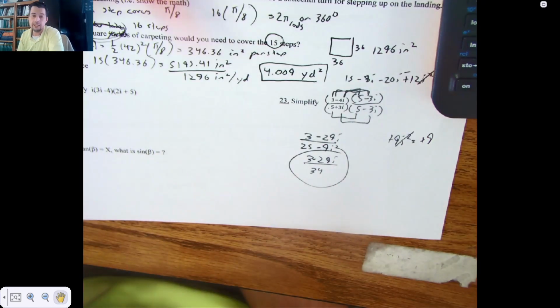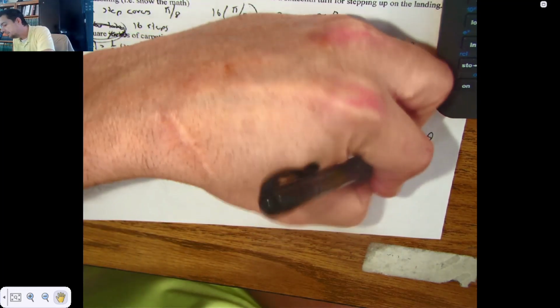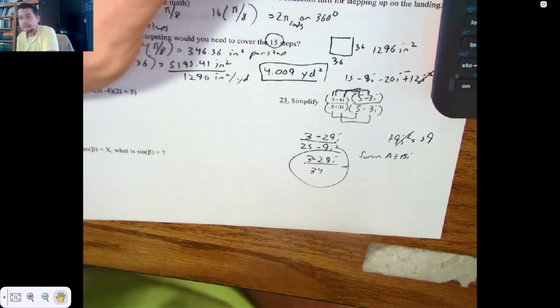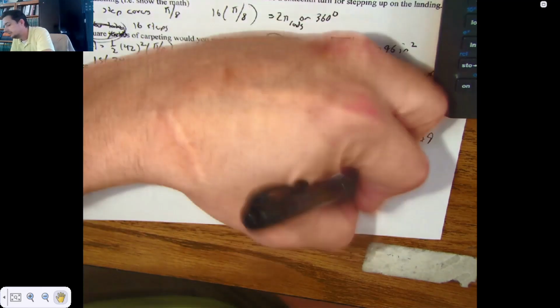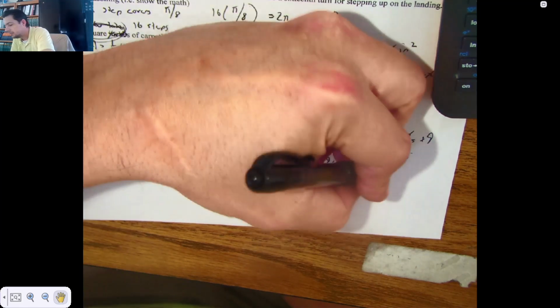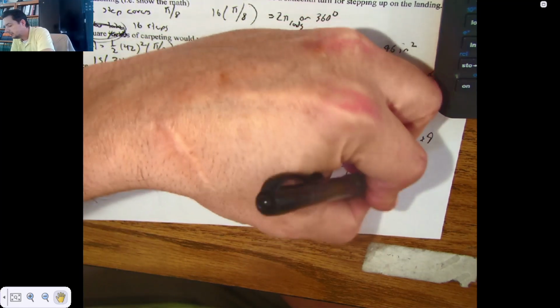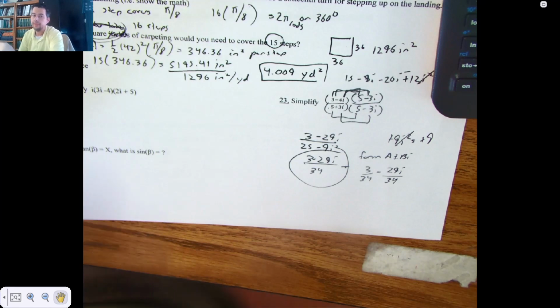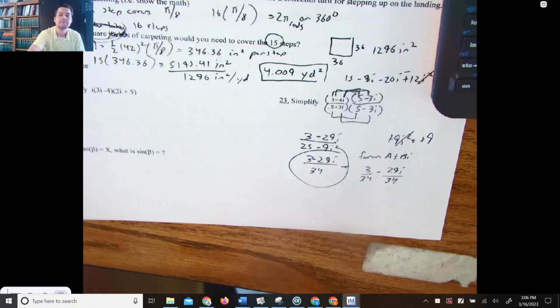Done. I like that the calculator did that. You're supposed to be in the form a plus or minus bi. I didn't have it in the right form. It's 3 over 34 minus 29i over 34. That's the way it's supposed to look.